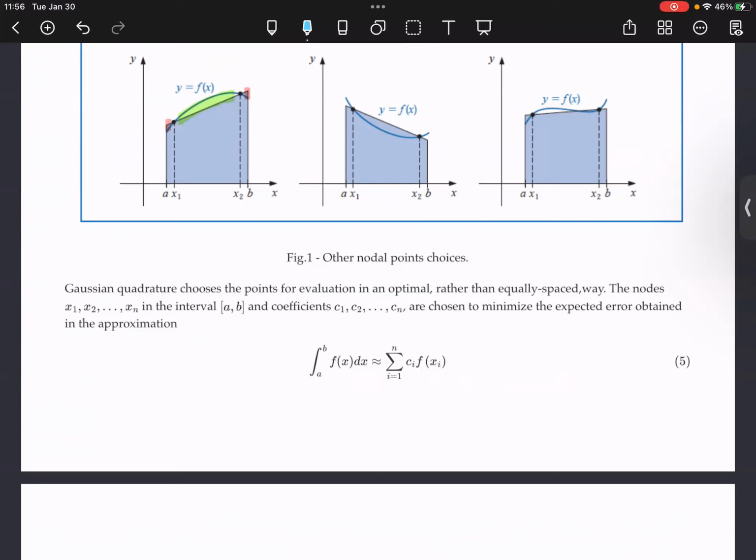We want the degree of precision to equal 2n minus 1. To know what this quadrature looks like, we need to decide the ci values, and we also need to decide the xi values. So if we have n nodal points, what do the ci look like? What do the xi look like?